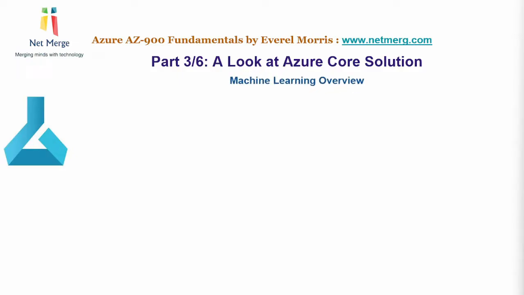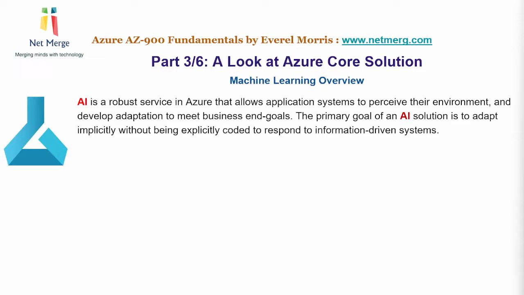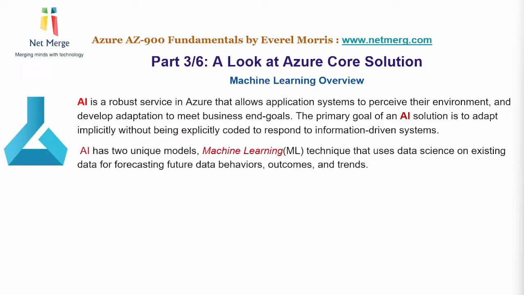Now let's take a look at machine learning. And there's your overview of machine learning. You get an understanding of what it is. The primary goal of an AI solution is to adapt implicitly without being explicitly coded to do things. So you want AI that can adapt to a changing environment and adapt on its own.